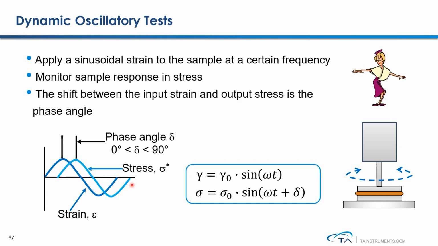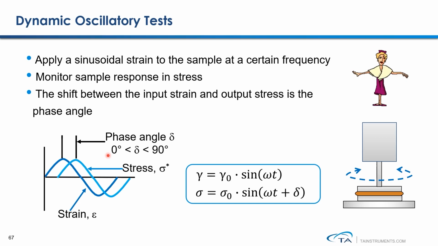The shift between the input strain signal and the output stress signal is defined as the phase angle of your material. When testing an ideal solid sample, which is purely elastic, the phase angle is 0. When testing a purely liquid sample, which is completely Newtonian, the phase angle should equal 90.